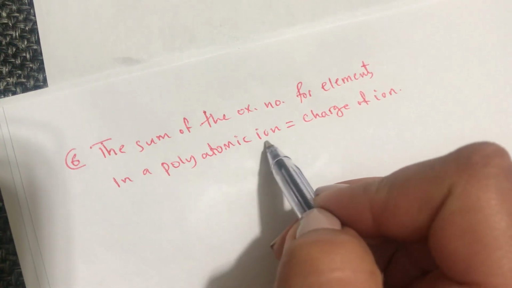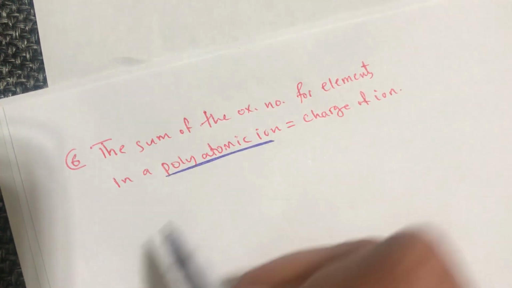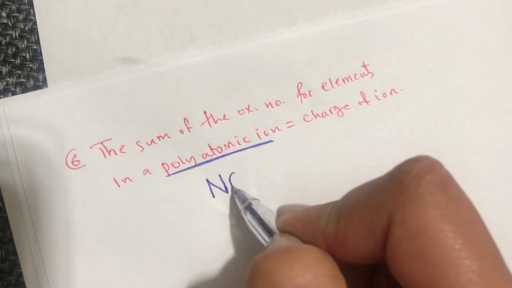Polyatomic ion means a molecule that carries charge. An example, nitrate.